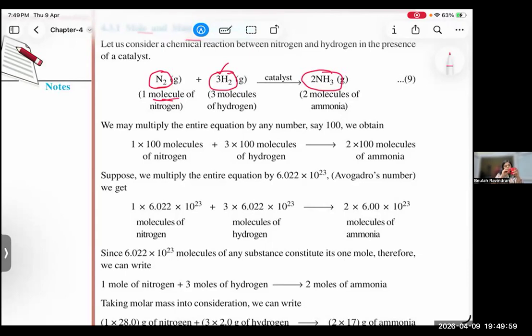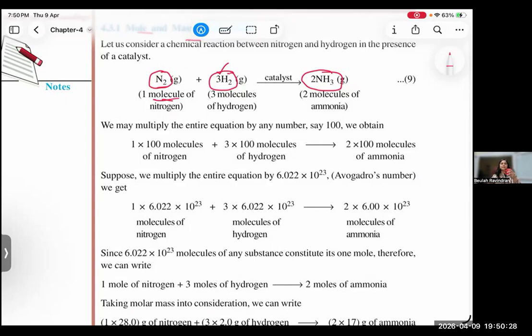Like that, N number of nitrogen and N number of hydrogen fill this cup. But what is the proportion? The proportion is 1 nitrogen to 3 hydrogen. So this is the proportion to make ammonia, 1:3.